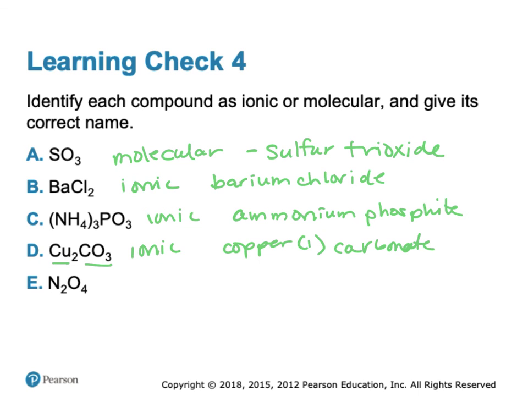And then finally, we have a molecular compound because we have two nonmetals, and it is dinitrogen tetraoxide.